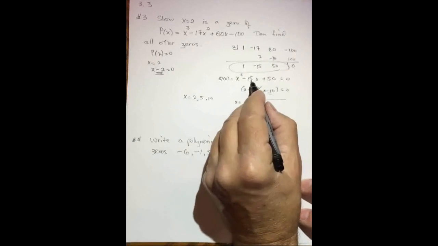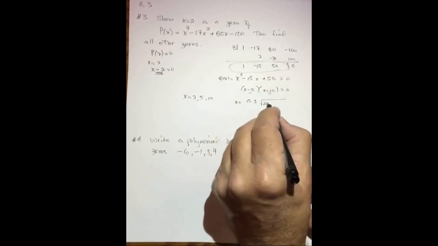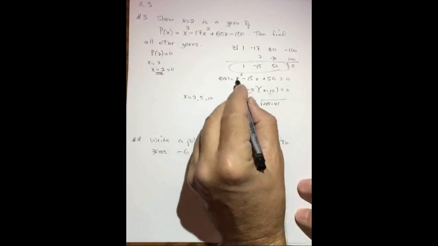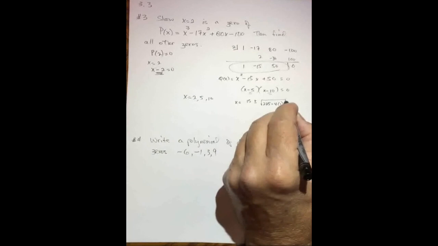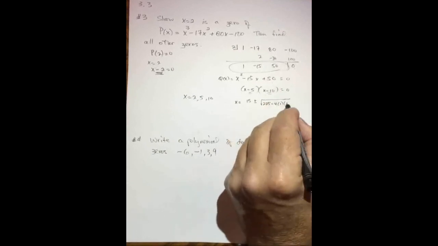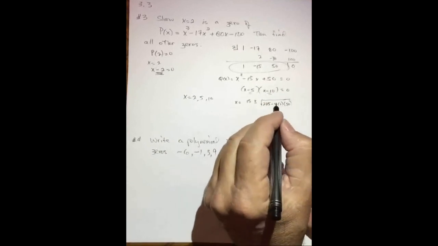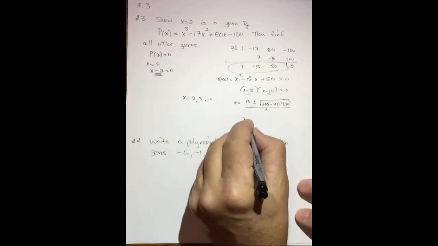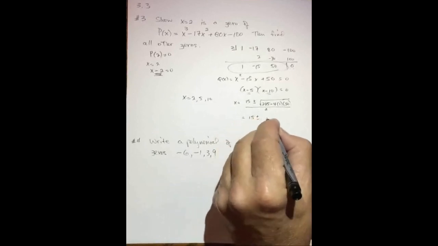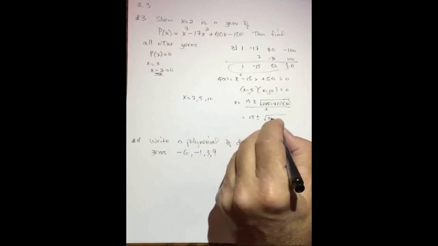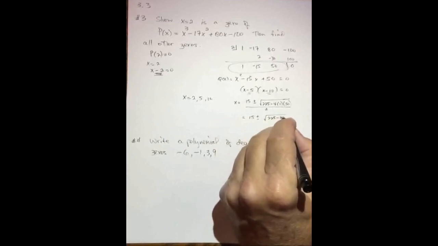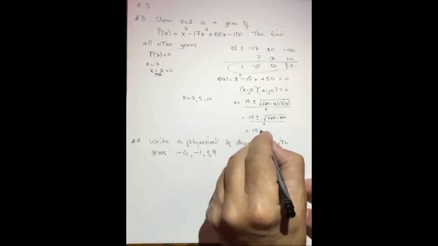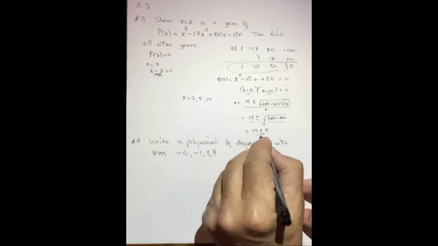Now inside goes this number squared, which in this case is 225, and then it's minus 4 times the lead coefficient, which is 1 here, times the last coefficient, which is 50, divided by 2 times the lead coefficient. So this would be 15 plus or minus, and this is going to be 225 minus 200, so this is going to be 15 plus or minus 5 over 2.